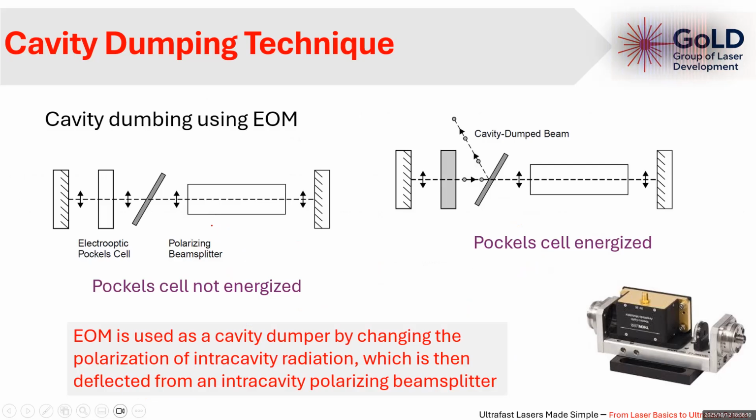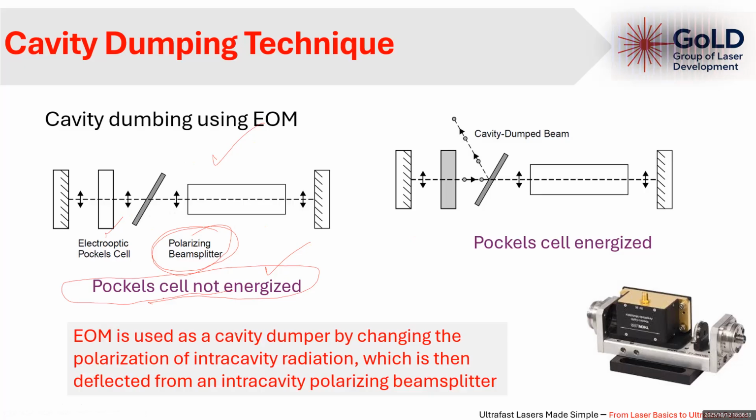Okay, so what you see here, the Pockels cell, or the electro-optic device, is not energized, it's not on. So the light is passing through as usual. This is your Pockels cell, and this is your polarizing beam splitter.